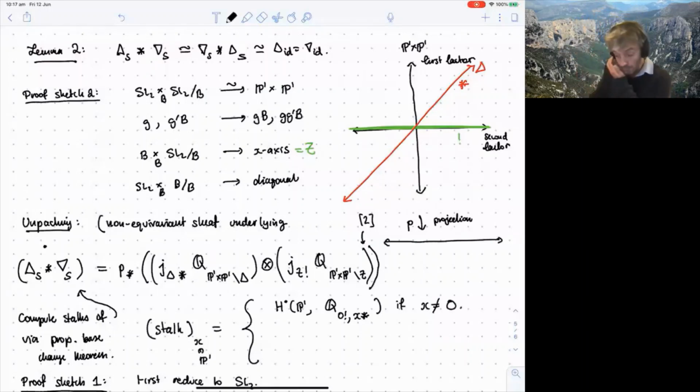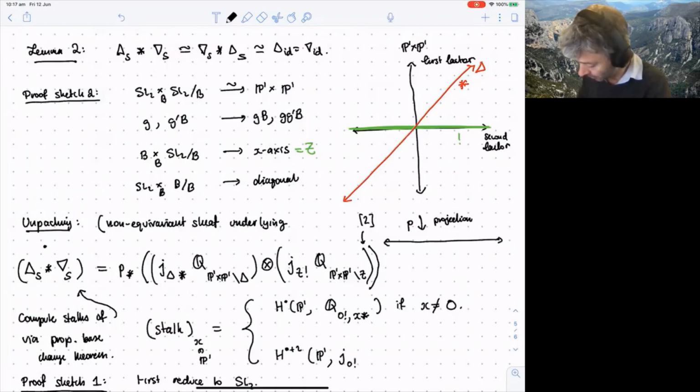It's not equal to 0. And it's the cohomology with values in the extension by 0, so J0 shriek of Q, if X equals 0. Okay. So this sheaf looks like one of these star shrieks away from 0, and at 0 we just get an extension by 0.